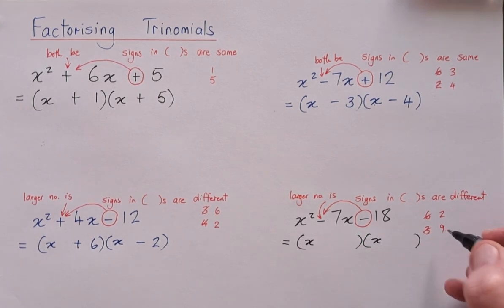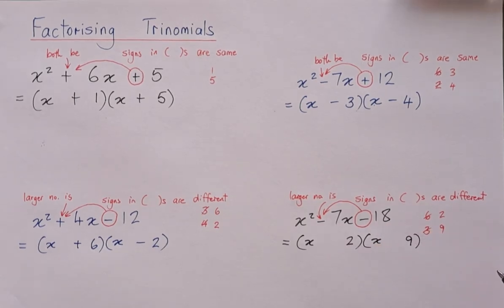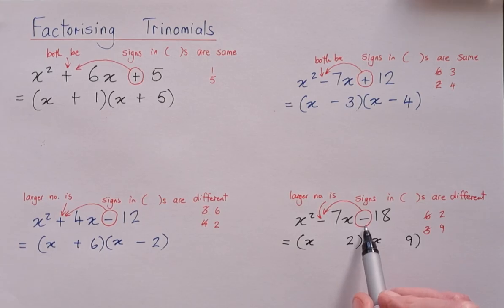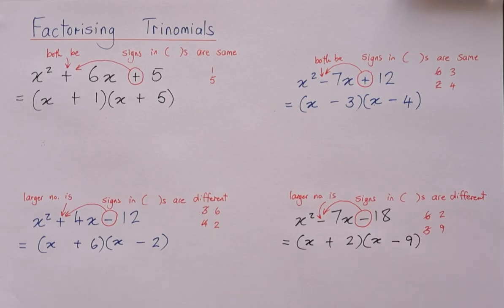We've decided we're going to use 2 times 9 for the 18. And now I'll check again: the signs in the brackets are different, and the larger one is negative. So looking at my two numbers, that's the larger one, so the negative goes in front of it, and the other bracket gets the other sign, which in this case is positive.